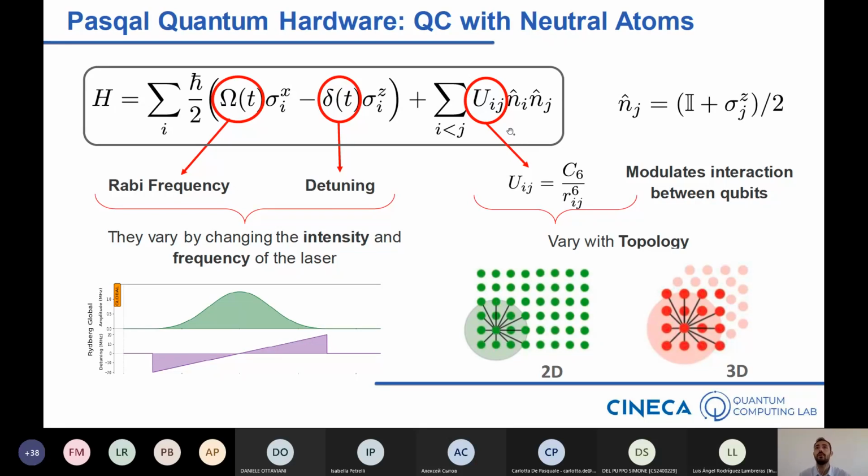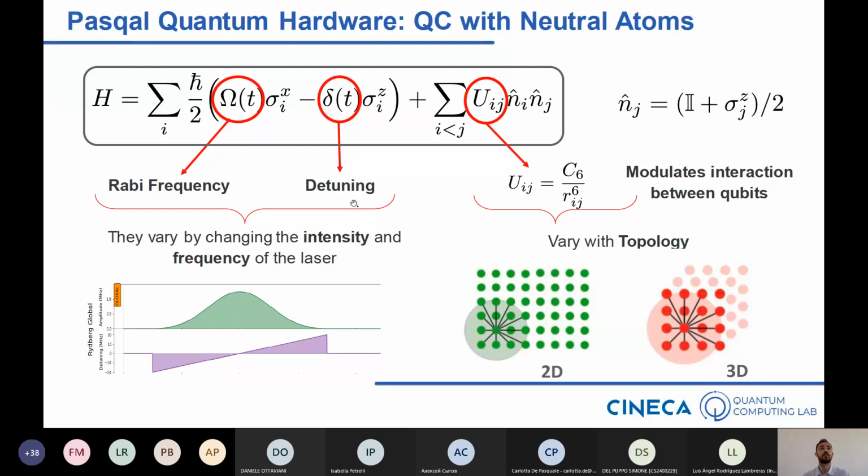The third term is C over the distance between qubit i and qubit j. So this term varies with the topology. By arranging the atoms in different ways, you can have different interactions between them.